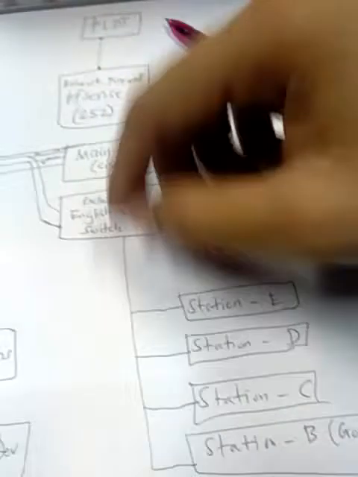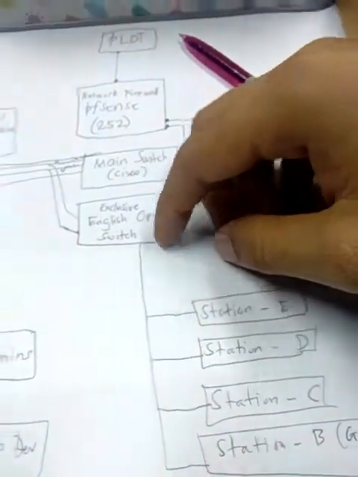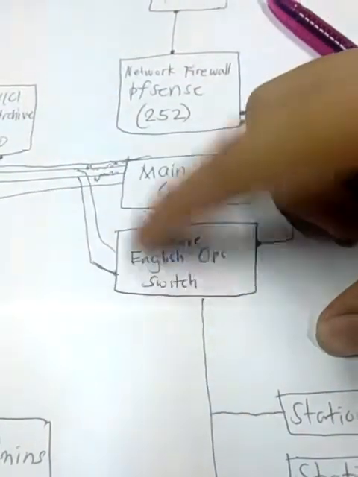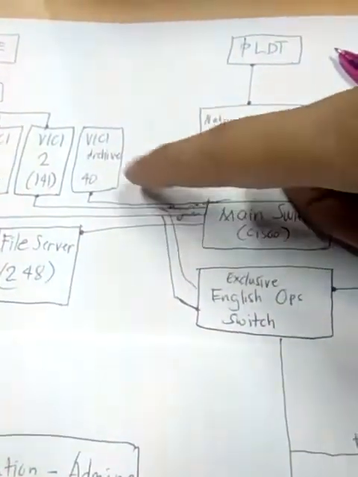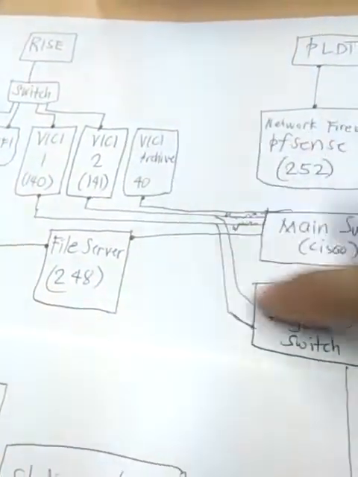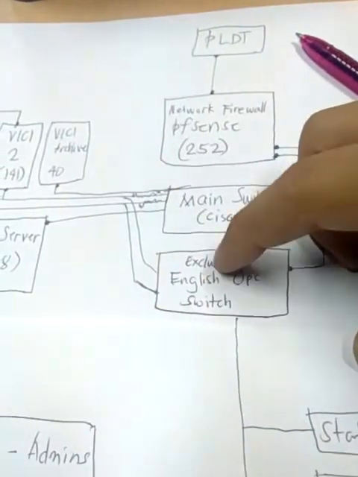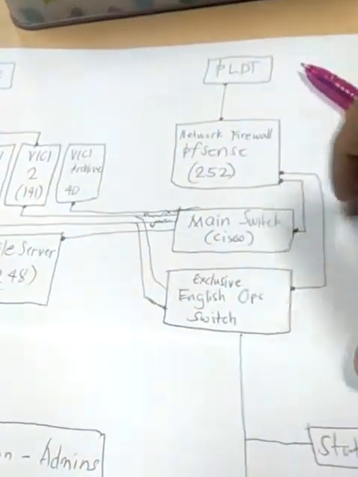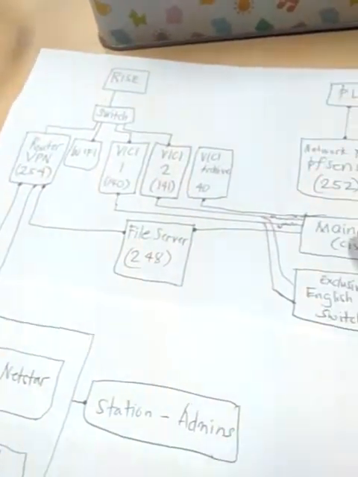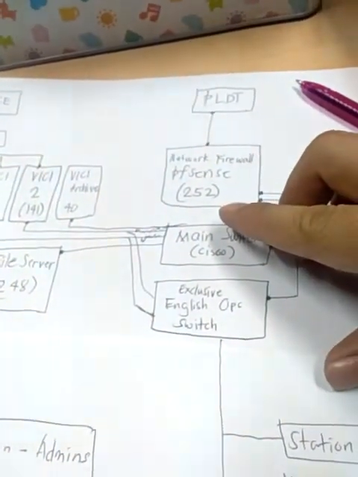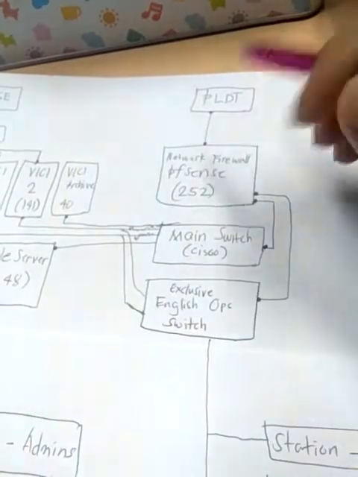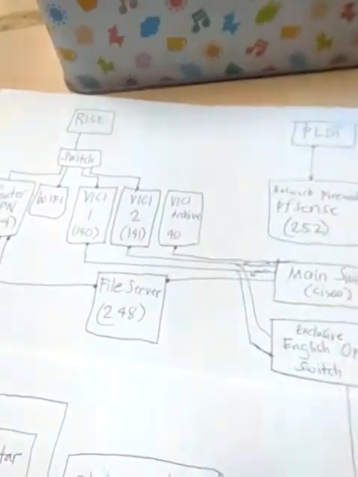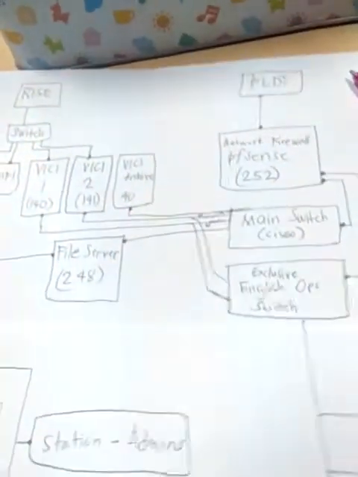So from their hub, connected to this switch, together with the VC dial, at least it will be much easier compared to this, because there are lots of stations connected to the main switch. I guess that's it. That's the basic.